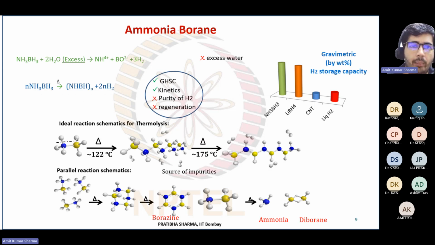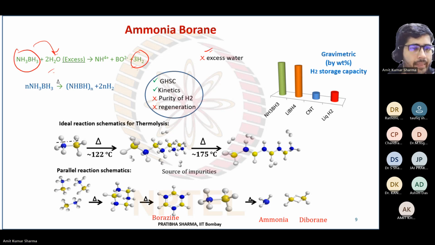Now for the ammonia borane, here you can see the question was about this. It can react with H2O and release hydrogen, but we need excess H2O for this reaction. We can also supply heat and you can see the change, so you can release the hydrogen.